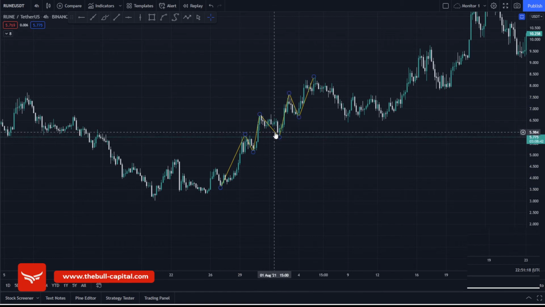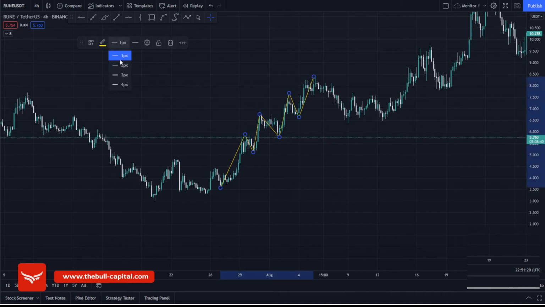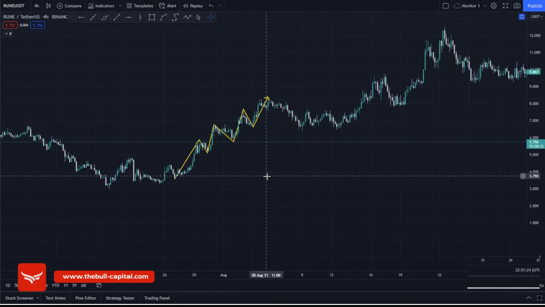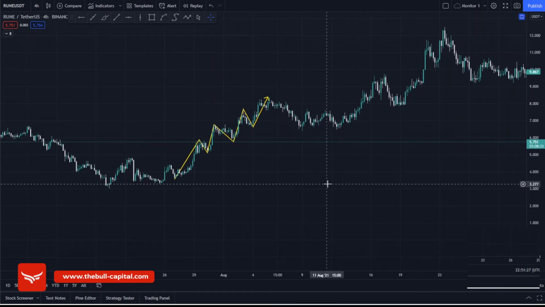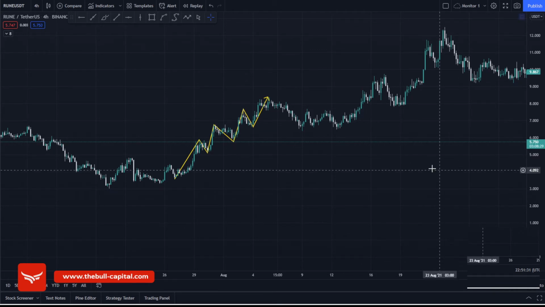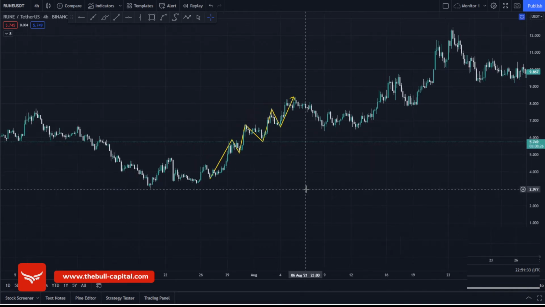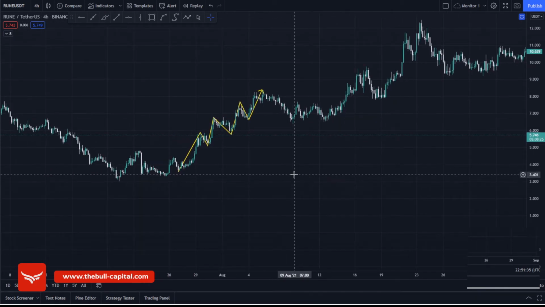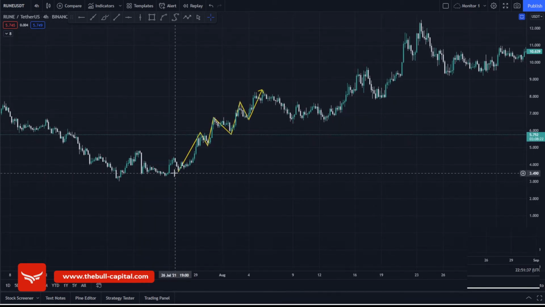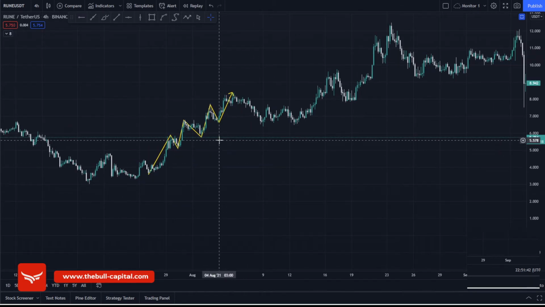Let me make it thicker. Okay, so we have some swings here. Actually, just leave it like that.